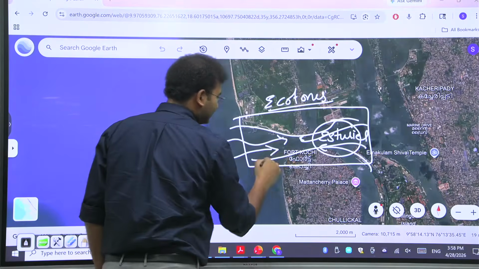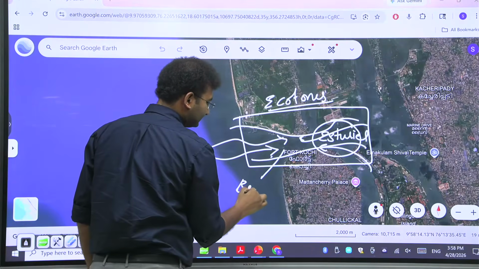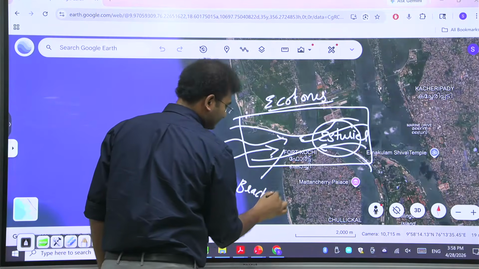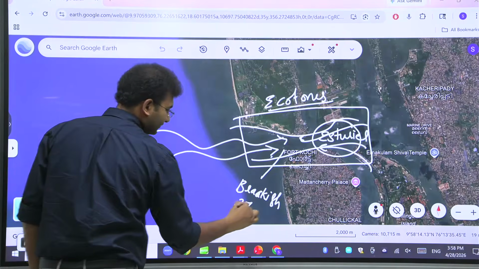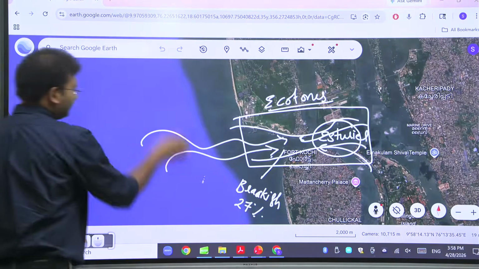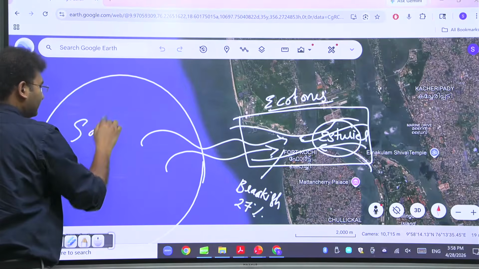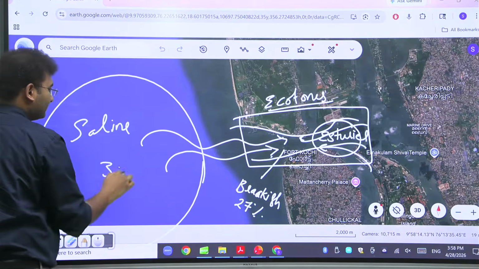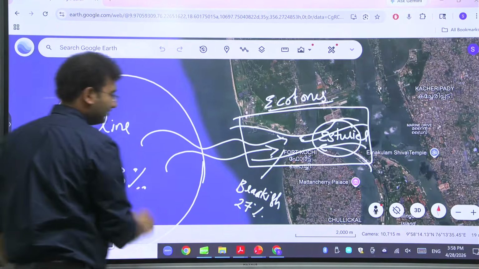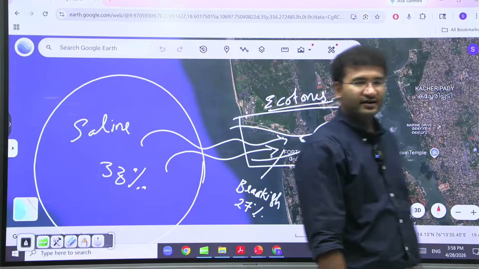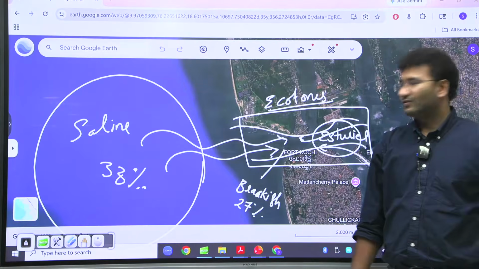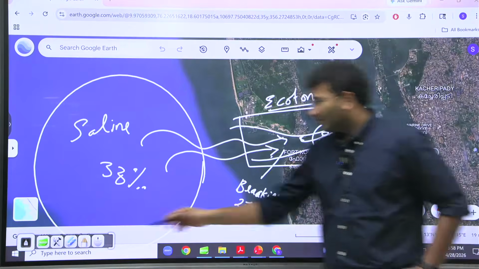So this is brackish water. And this is sea water, 33 parts per thousand, right? So this is how the rivers are.